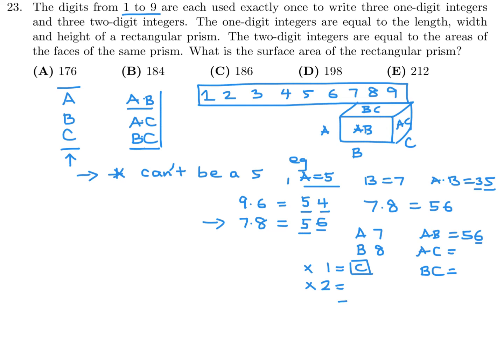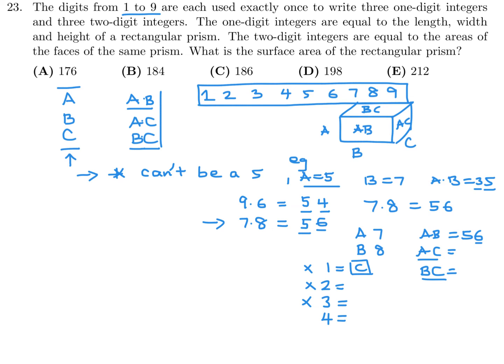Okay, so that's gone. How about if C was a 3? If it's a 3, it'd have 21 and 24. Does that work? No, because the 2 would be used twice, so that's no good.